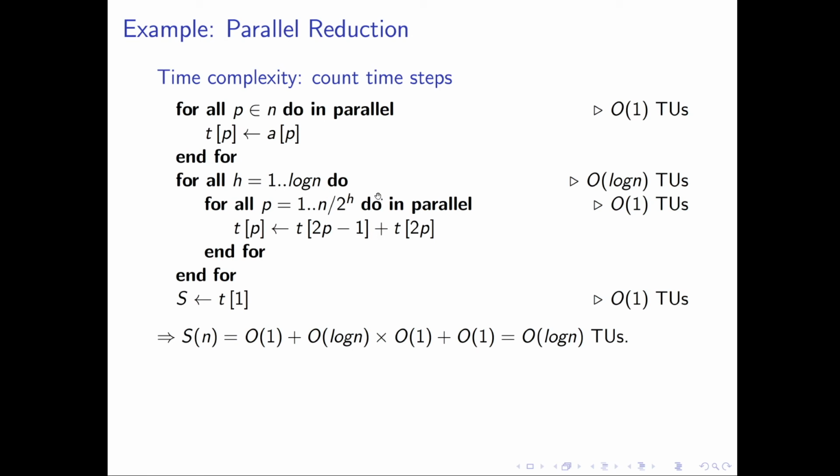It is executed log n times, and in each iteration we perform a parallel operation that can be performed in a single time step. So the for loop takes log n times 1 units of time. And then in the end, we have our assignment, which is just another unit of time. That means that our parallel function has time complexity O of log n.